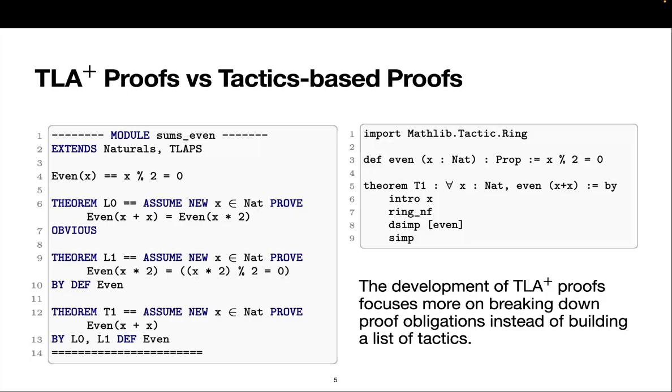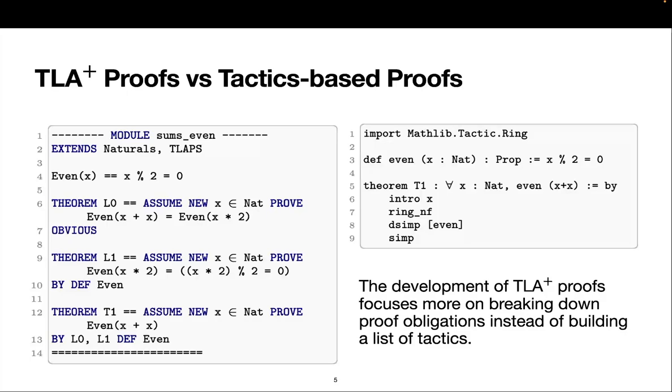Now, you might wonder how this compares to other theorem provers, especially the tactic-based provers like Lean. In general, the structure of a TLA plus proof is different from proofs written in a tactic-based prover like Lean. On the left-hand side, you can see the TLA plus proof we just mentioned in the previous slide.